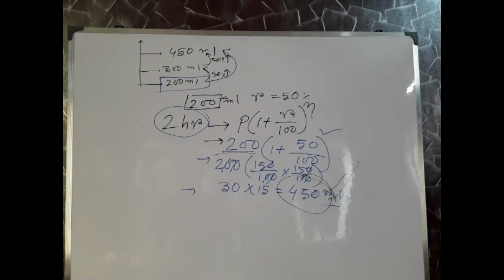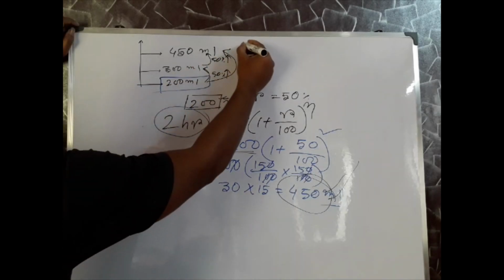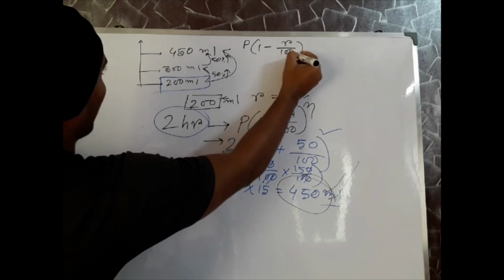Then what will be the amount of water present after 2 hours in the bottle? So what we had was 450. Use the same formula but with minus: P into 1 minus R by 100 to the power n.